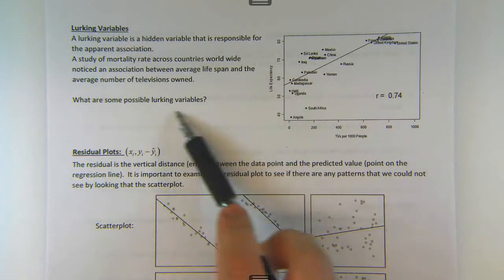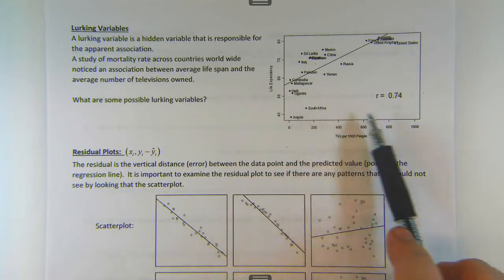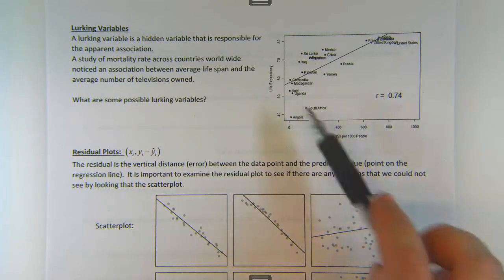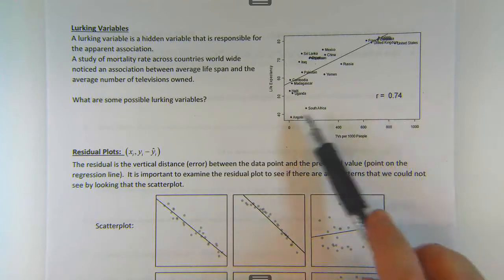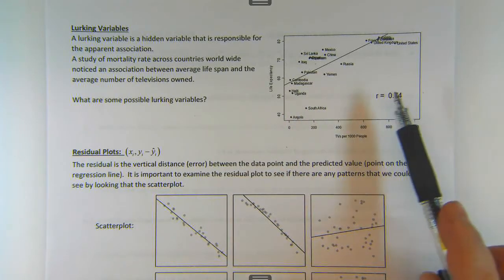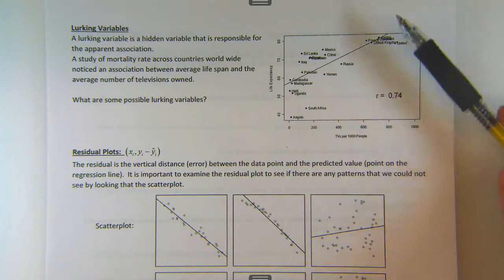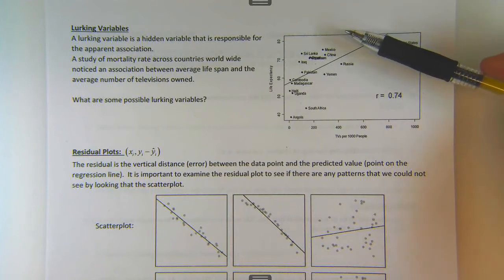If we think about some possible lurking variables, it's that countries that have more TVs just tend to be more developed. With that, there's more technology available, and that's probably filtering into the healthcare system. There's probably more machines available, more tests available, and that will increase life expectancy.